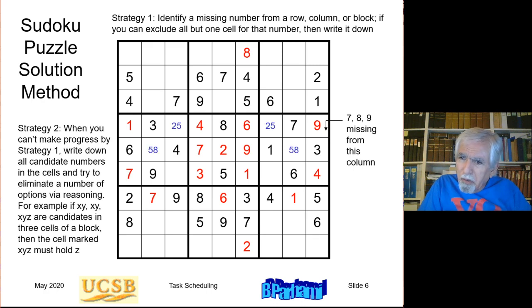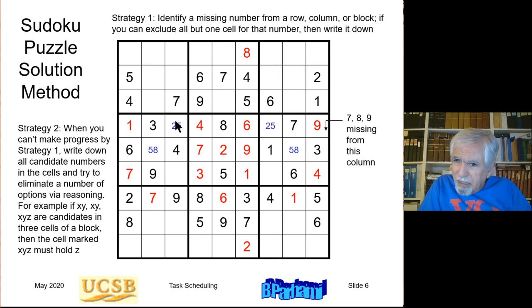Okay, so at some point I can no longer make progress with these forced entries. Then I have to do something else. So for example, you see from this row 2 and 5 are missing, but 2 or 5 can go here, go here. Neither one is in conflict with anything else.